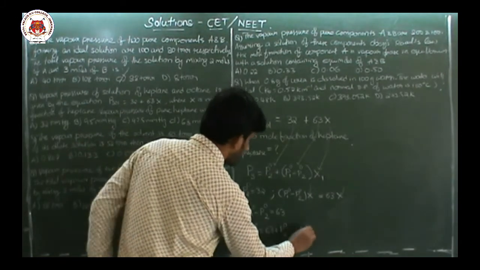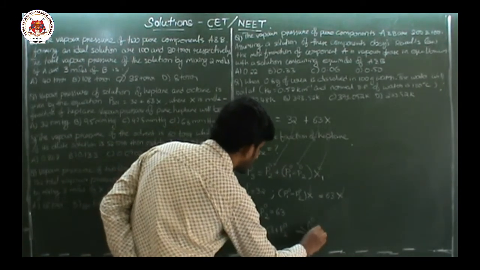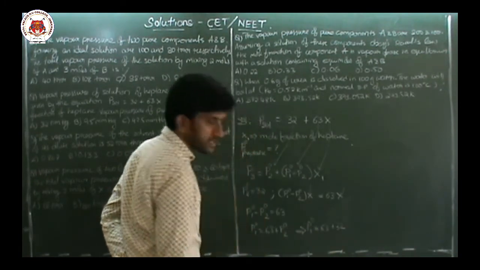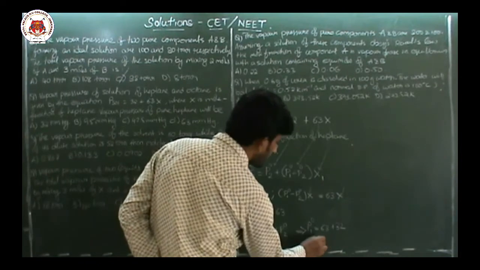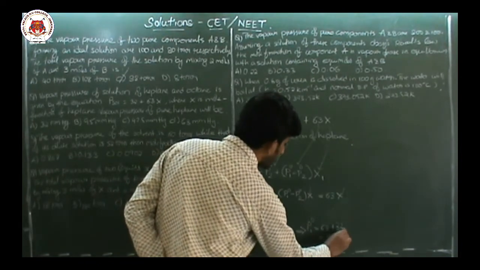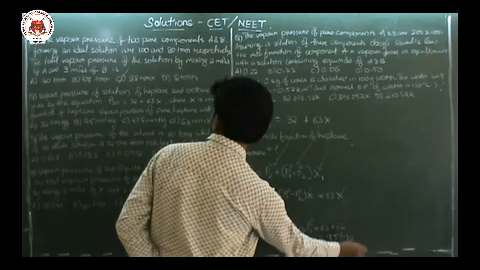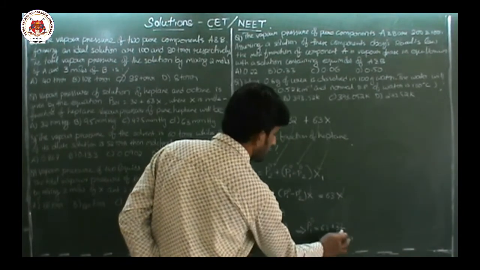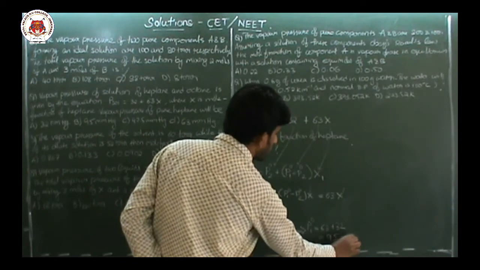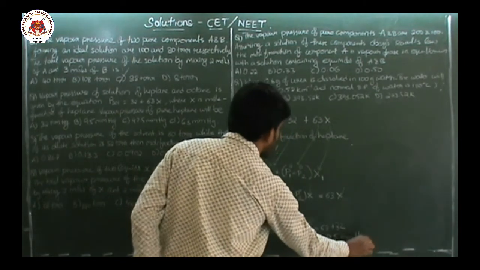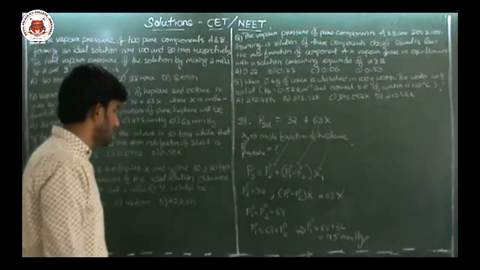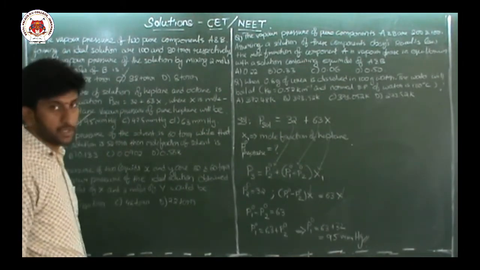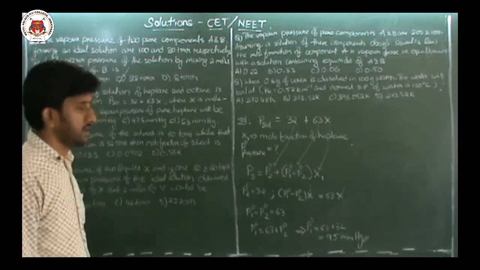That means P01 is equal to 63 plus 32. 63 plus 32 should be 95 torr or mm. The pressure is given in mm, so 95 mm of Hg is the answer. So the answer is B, 95 mm of Hg.